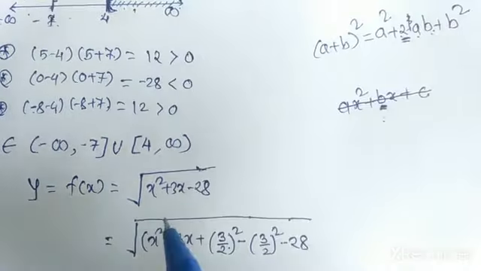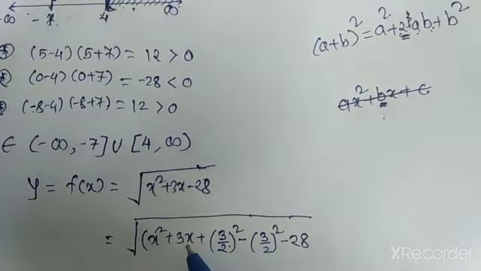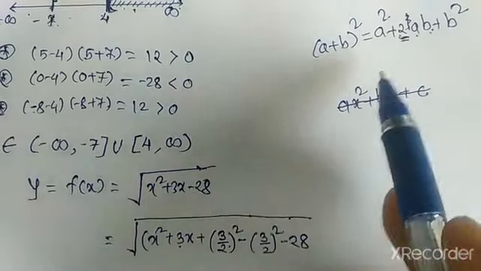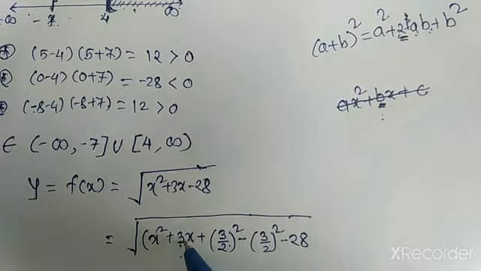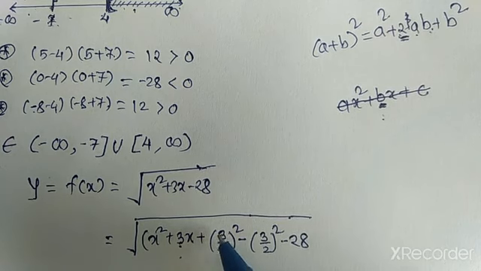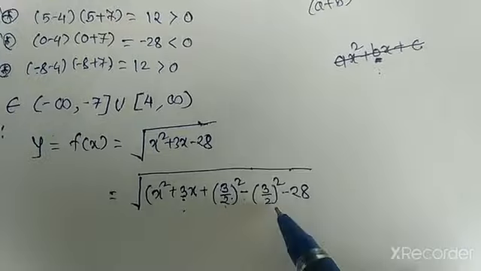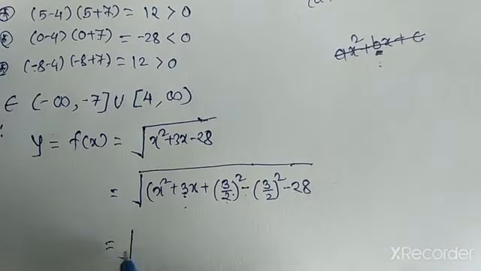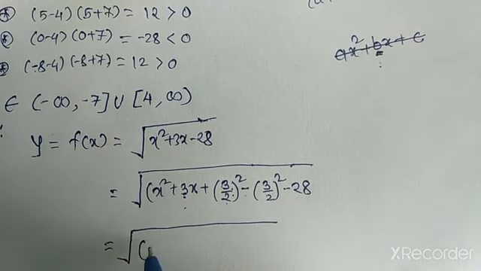Here we require the coefficient of x to be half. So we add 3 by 2 square minus 3 by 2 square, so that we can write the expansion as x plus 3 by 2 bracket square.